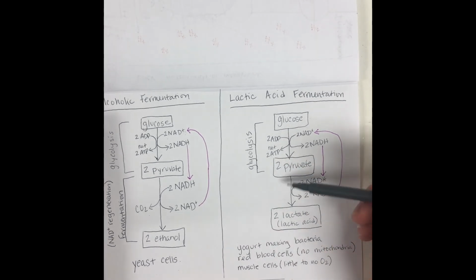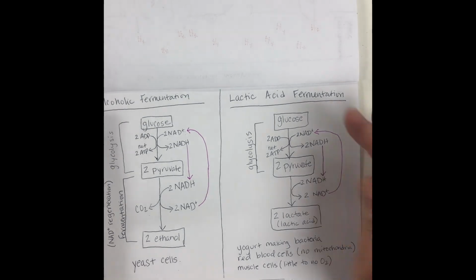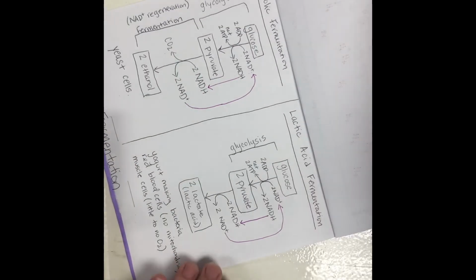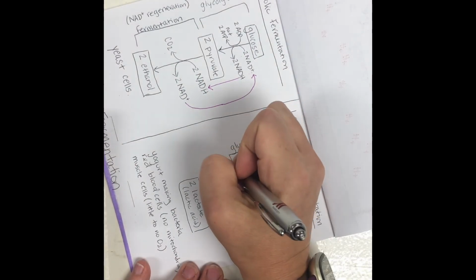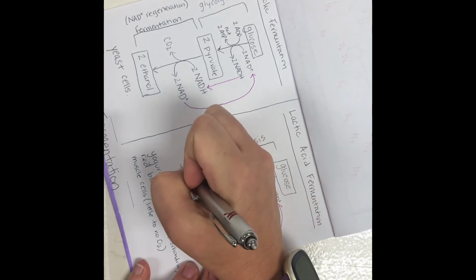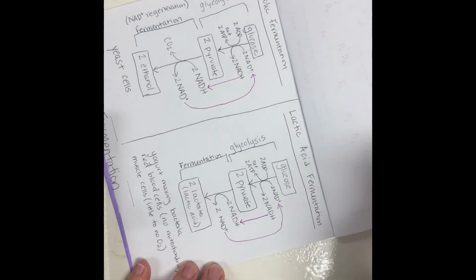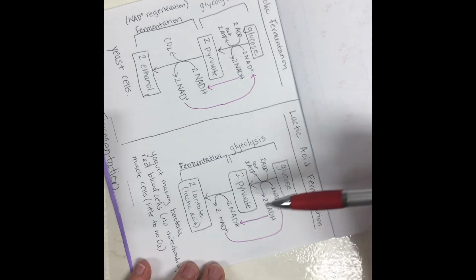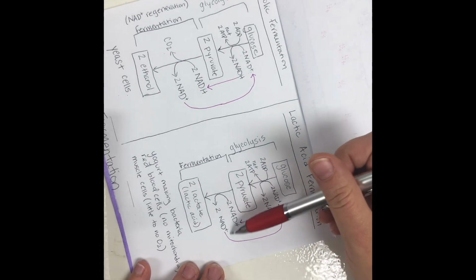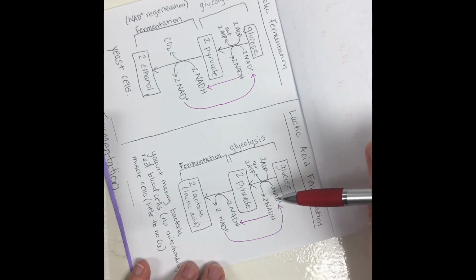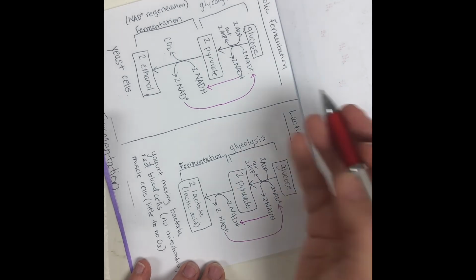So this still is fermentation, right? But what's the purpose of fermentation? The purpose of fermentation is to regenerate this NAD plus so that glycolysis can occur over and over again.